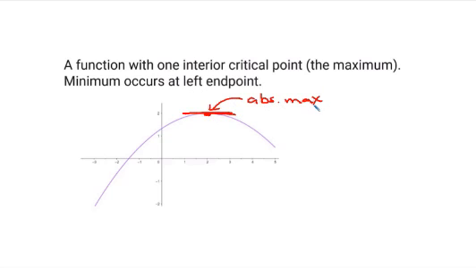If this is a closed interval, like so, this would be a local minimum. Over here, this would be the absolute minimum. All right?